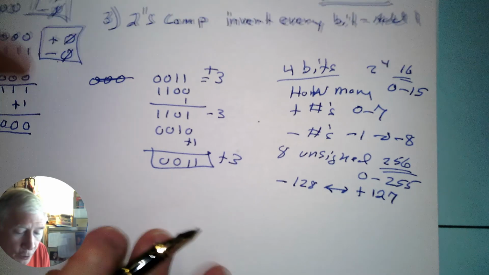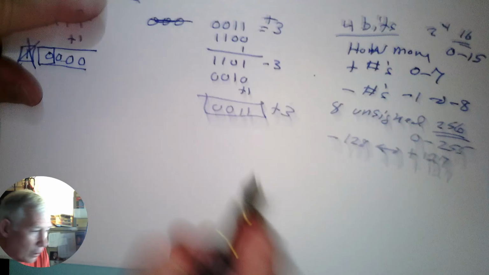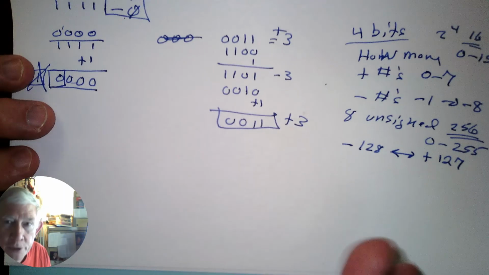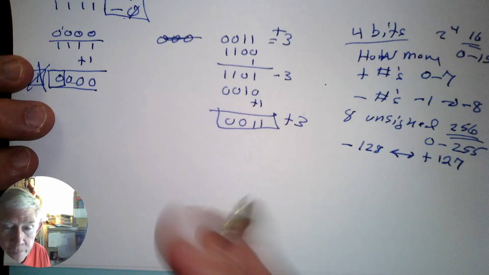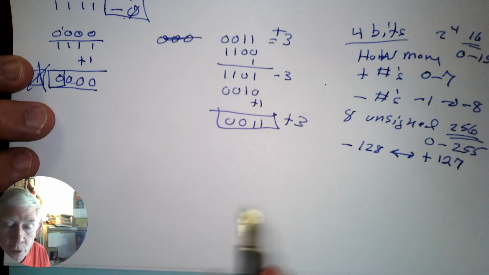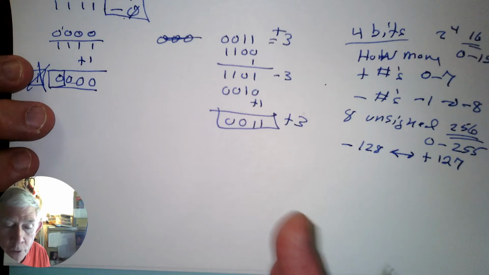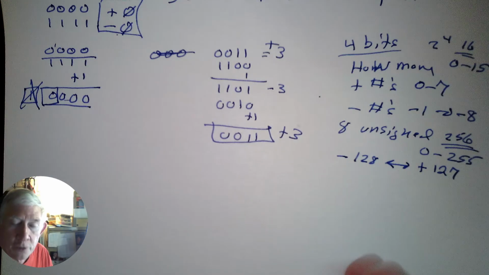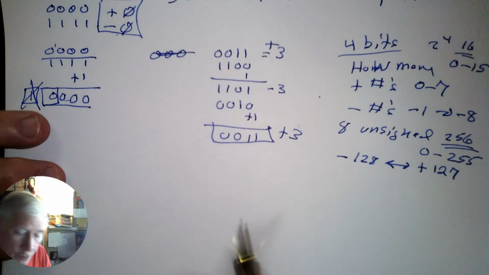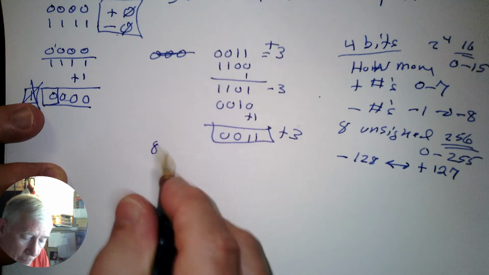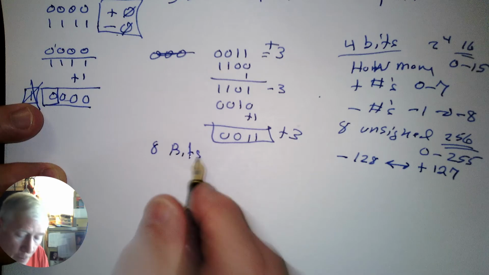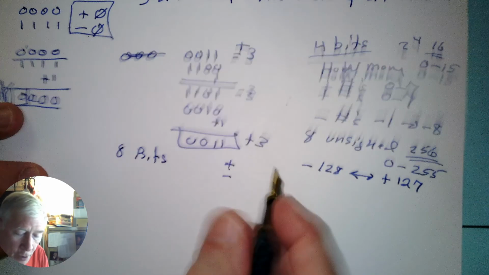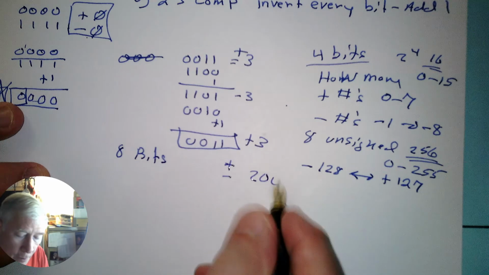Okay. So 2's complement turns out to be really important. Now, one other thing: when we do math in 2's complement, we ignore carries out, but we still have to figure out if we have an overflow. Remember, you always have to make sure that your number will fit in the number of bits you've reserved. So for instance, let's say we have 8 bits. Can we fit plus and minus, say 200 in 8 bits?